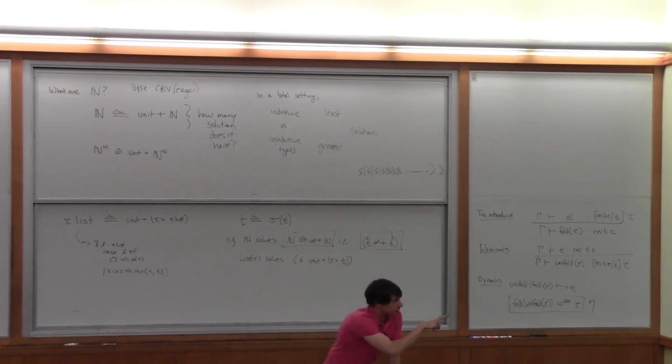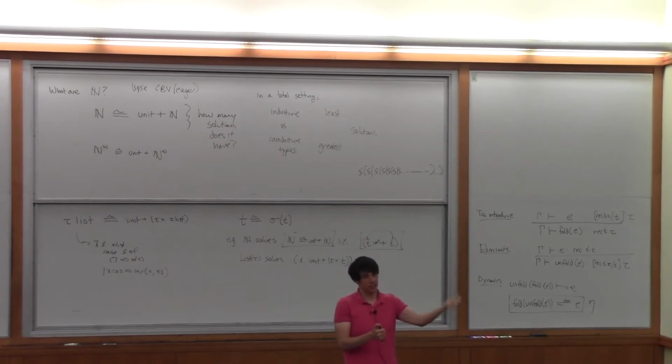Okay, so there was a question. Was this the inductive or the co-inductive? Okay, so I mentioned inductive and co-inductive types as sort of a dead branch, which is that in a total setting, you can axiomatize inductive types and co-inductive types. The rules for that are in PFPL. You have to do a little bit of machinery.